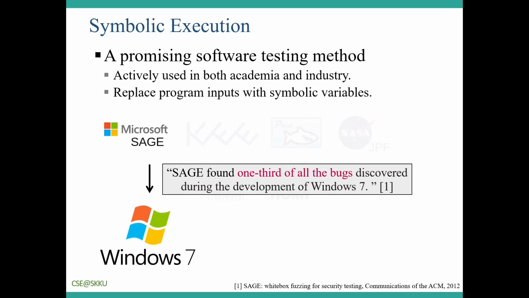For example, the symbolic execution tool SAGE, developed by Microsoft, was able to discover one third of all the bugs found during the development of Windows 7. And catching these bugs early on ended up saving Microsoft millions of dollars.